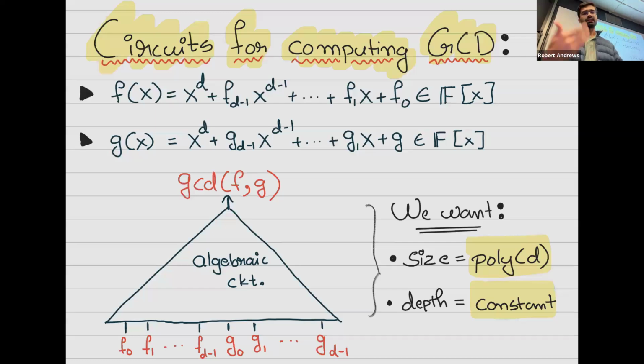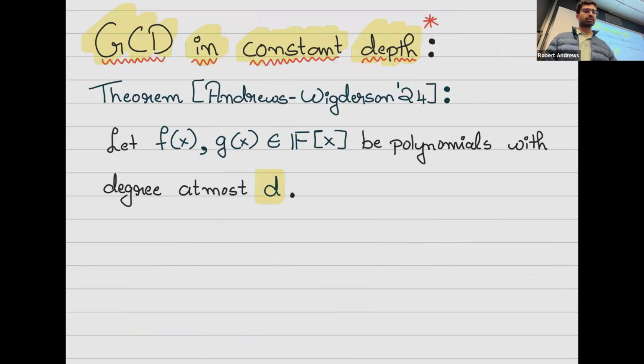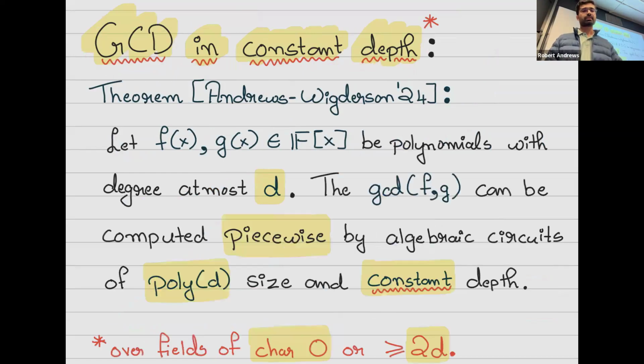Okay. And now let's rephrase the AW statement in this language. So again, f and g are degree d polynomials. The GCD of f and g can be computed by algebraic circuits of poly(d) size and constant depth. Here there is a minor caveat of this new term called piecewise.